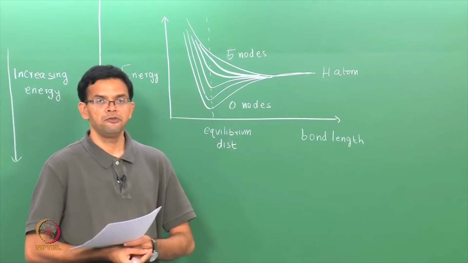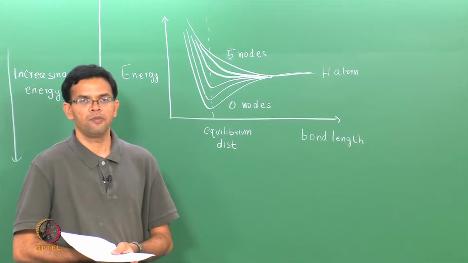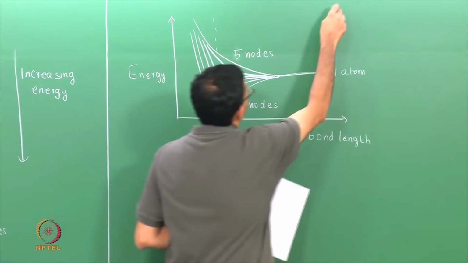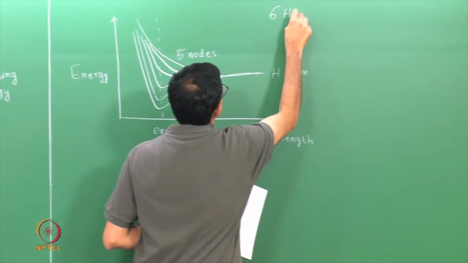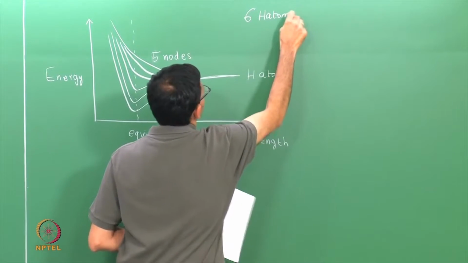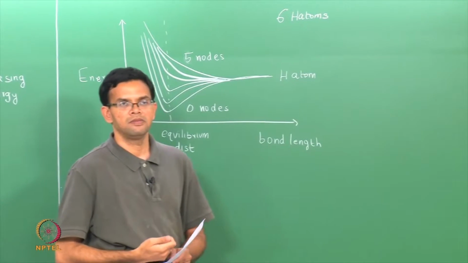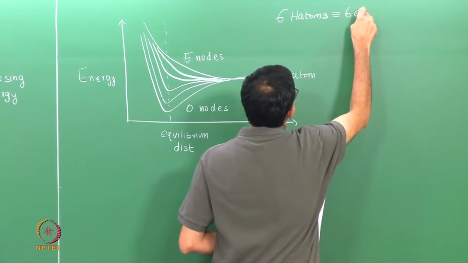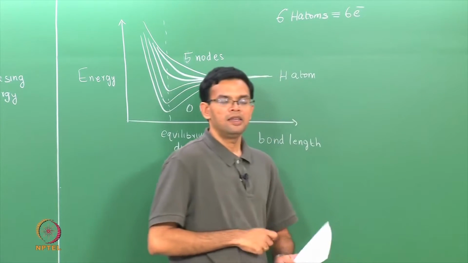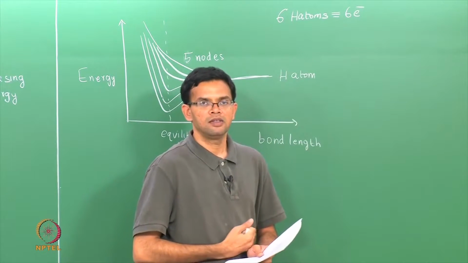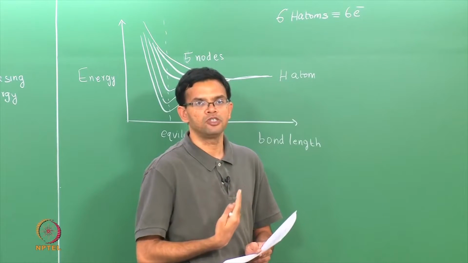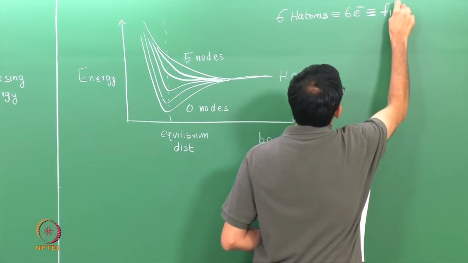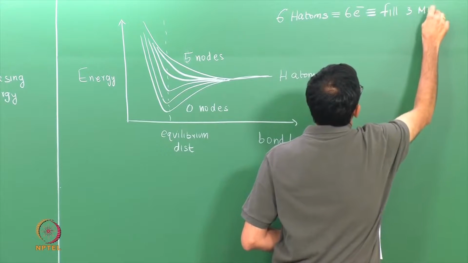We then need to fill this system with the appropriate level and position of the electrons. If you have 6 hydrogen atoms, each hydrogen atom can provide 1 electron. So, we have 6 electrons, and each molecular orbital can take 2 electrons of opposite spin. This means you will fill 3 molecular orbitals.